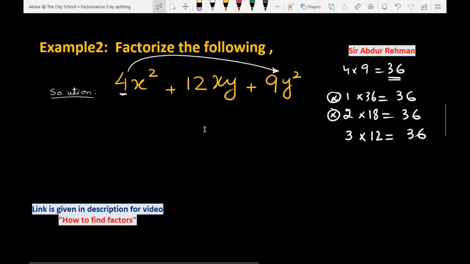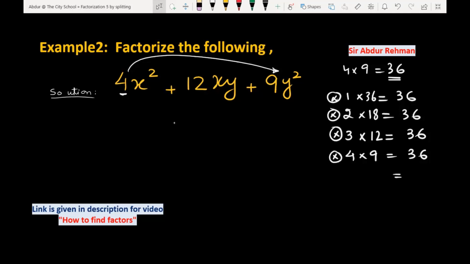It is not 12, so rejected. Now 4 times what is 36? 4 nines are 36 here. 9 plus 4 is 13, but this is 12, and 9 minus 4 is 5. It's not 12 either, so it is also rejected.